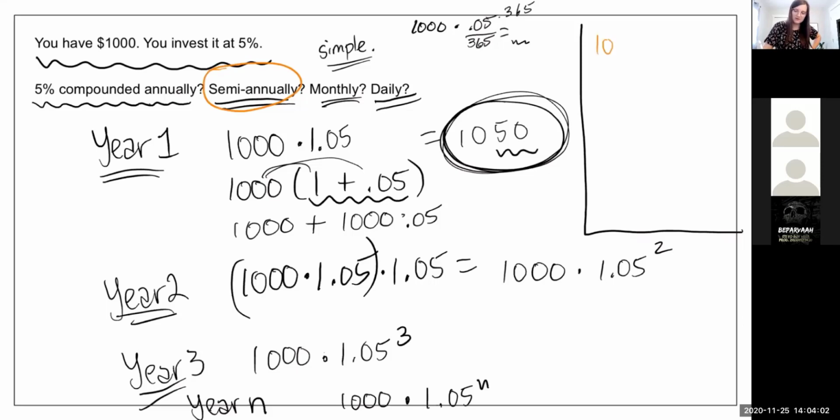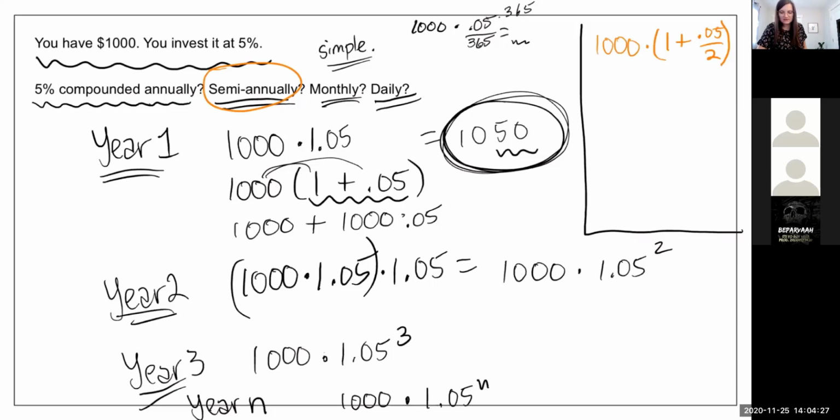You would have 1,000 times, and the 1 plus 0.05 would be divided by 2 because there's 2 iterations. So each time, half the year through, you'll get 2.5%. And then the next half the year through, you'll get, again, that calculation on top of that interest.